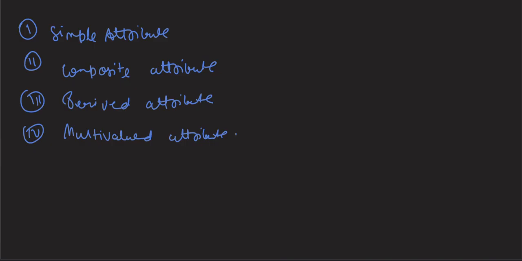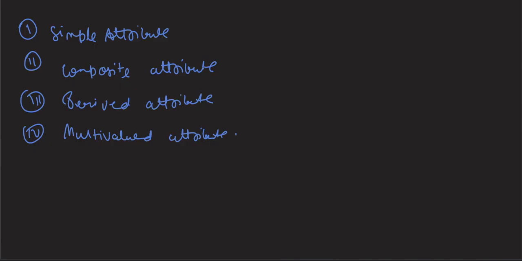Next is composite attribute. Composite attribute तो उसको बोलते हैं जो कि फर्दर डिवाइड हो सकता है। गेस करो क्या? फॉर एग्जाम्पल इन द केस ऑफ ए स्टूडेंट, गेस करो कौन सा चीज है जो फर्दर डिवाइड हो सकता है? Like the full name of a student, you can divide it as first name, middle name and last name, like that. Okay, so derived attribute, तो derived attribute क्या होता है?